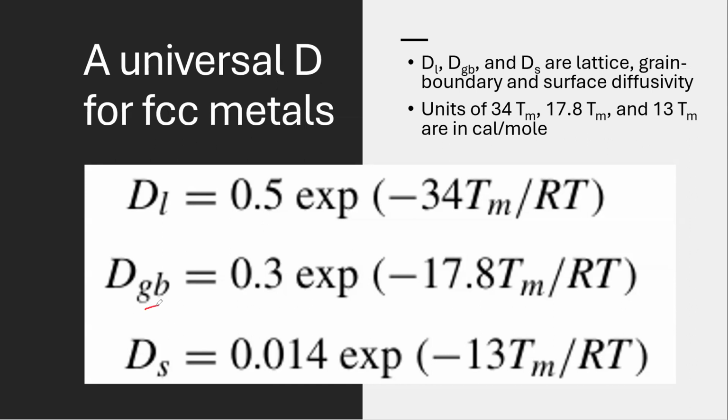So people mostly focus on grain boundary diffusion, and here it's roughly 1/2 of lattice. Is it 1/2? What's the big deal? Oh, it is a big deal, because in this exponential equation, 1/2 means orders of magnitude faster. So let's keep that in mind.